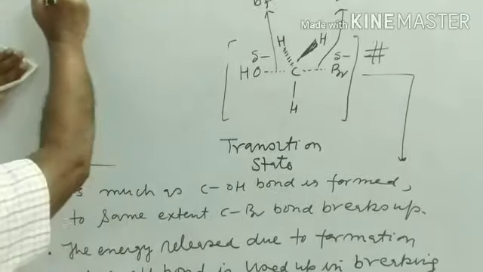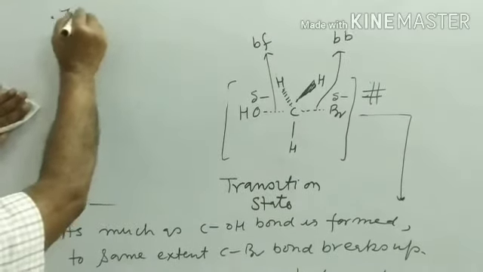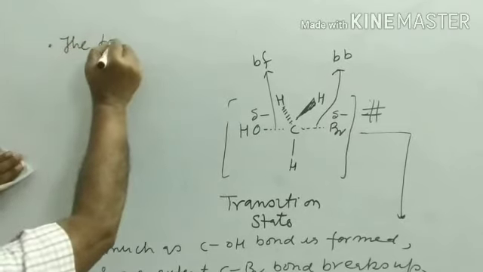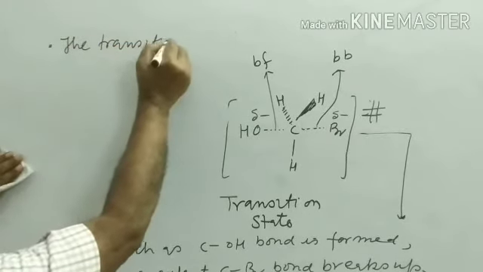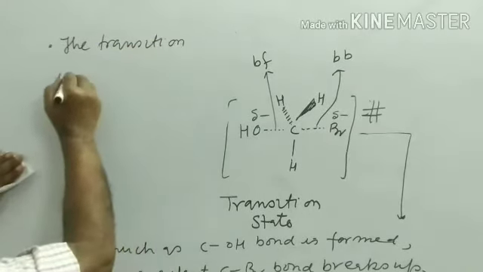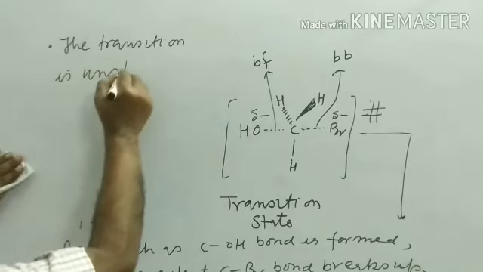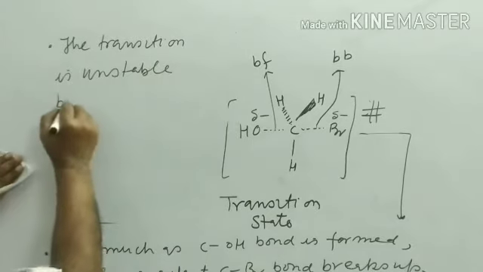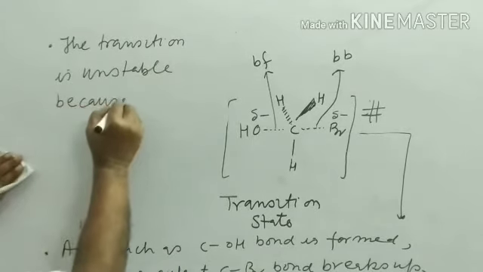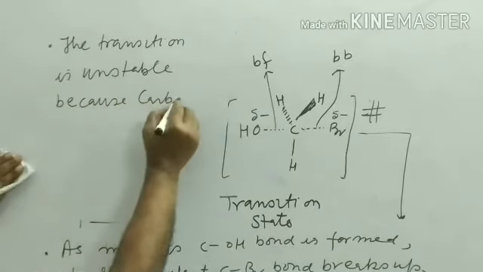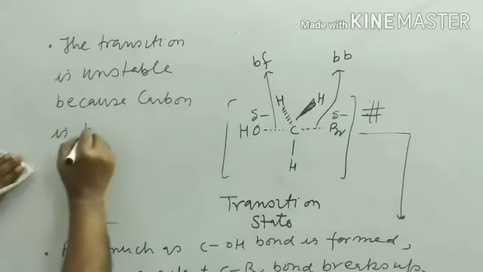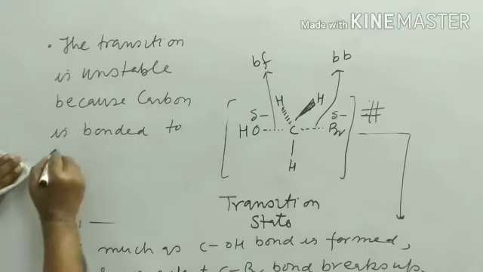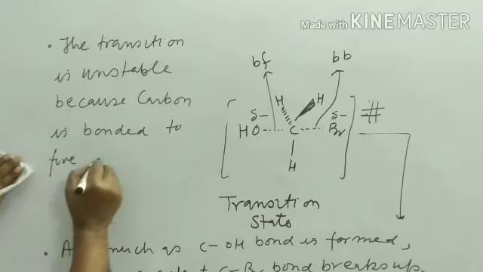The transition state is unstable because carbon is bonded to 5 atoms.